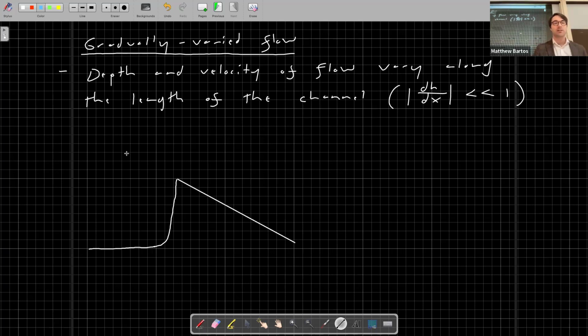We have a reservoir that feeds the channel. As the water comes over the top of this crest, it's going to transition through the critical depth. And then the flow is gradually going to transition into supercritical as we get it downstream.